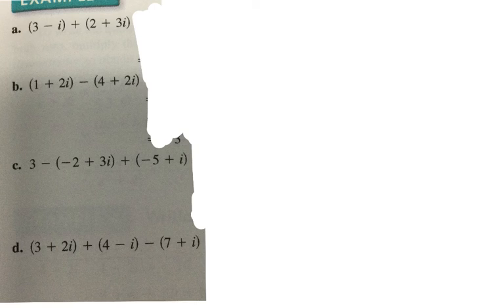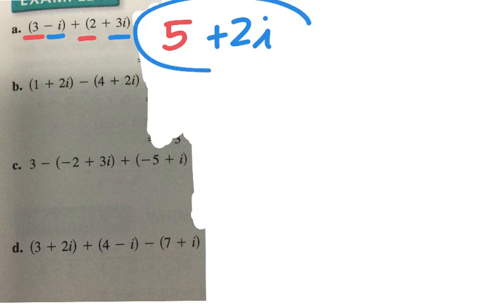Because I'm subtracting all of this, that means I have to distribute that negative. But we'll get there when we get there. Okay, so if I'm looking here, because this is addition, I can essentially drop the parentheses. So if I combine the real parts, 3 and 2 is 5. If I combine the imaginary parts, negative i plus 3i is positive 2i. So when I add those, I get 5 plus 2i.